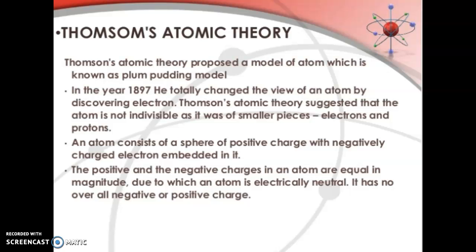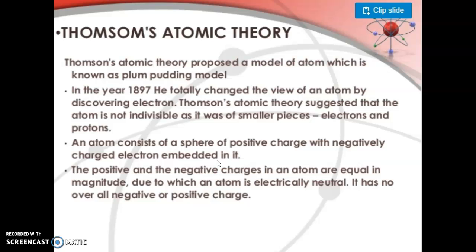This model was also called Thomson's plum pudding model, or watermelon model. It suggested that the atom is not indivisible as it is made of smaller pieces, electrons and protons. The atom consists of a sphere of positive charge with negatively charged electrons embedded in it.